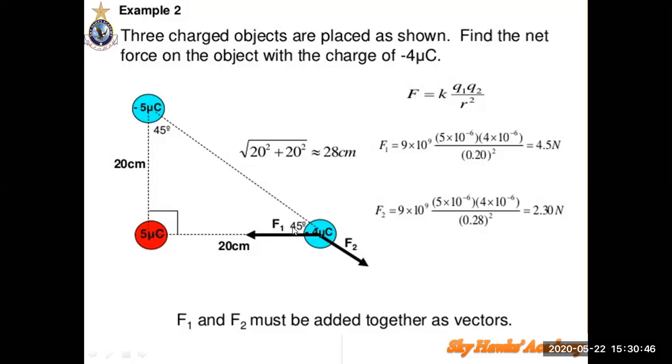When we add these two, this will give us the net force of these two charged bodies on this red body. We'll have to add these two forces to get the net result.